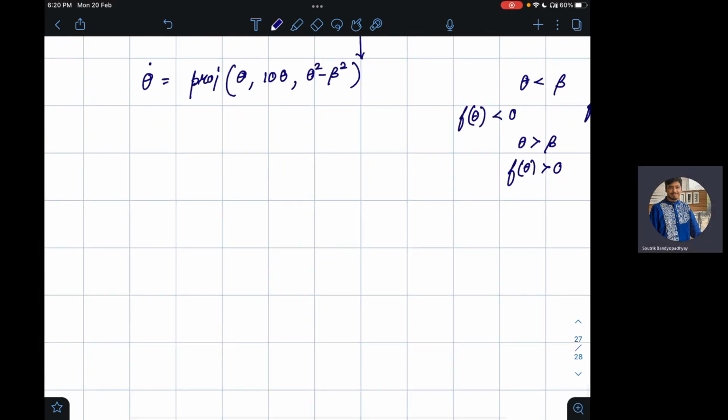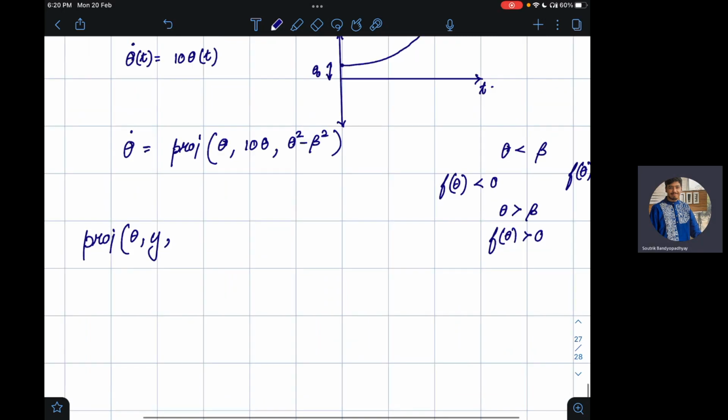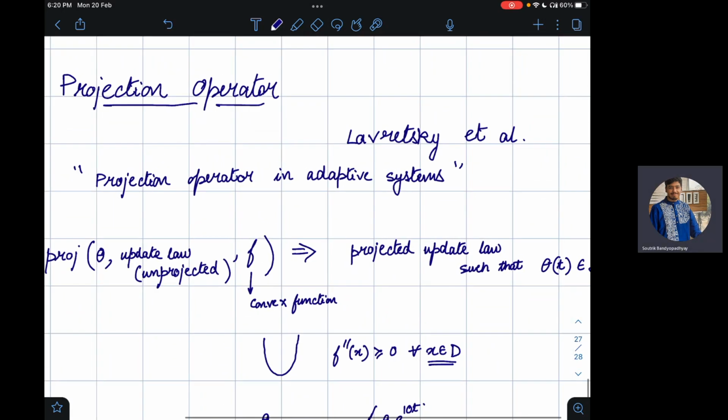Now, if you look at the projection operator, and mind you, this is obtained from this paper.